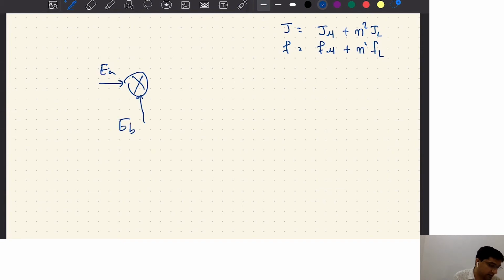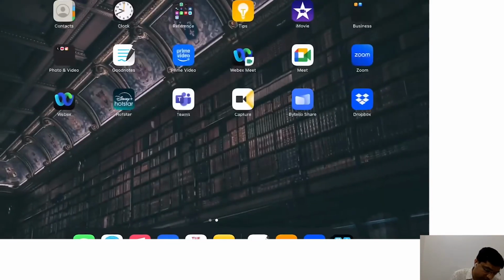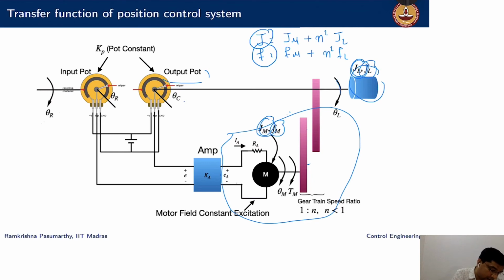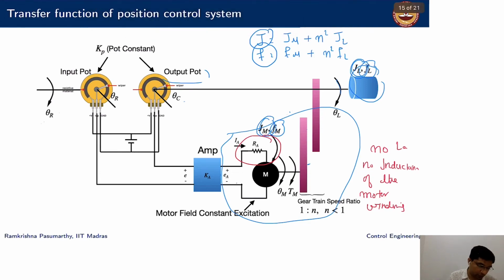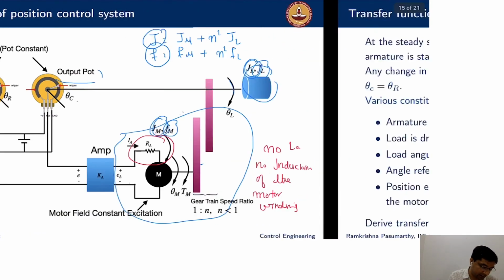We called this Eb in the previous lecture, or in the previous example. Also note that here I only have RA. There is no LA, no inductance of the motor winding. So L disappears.